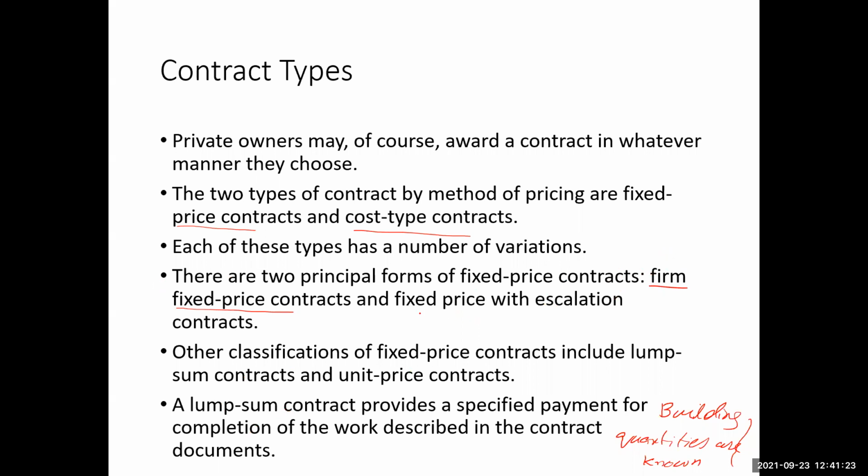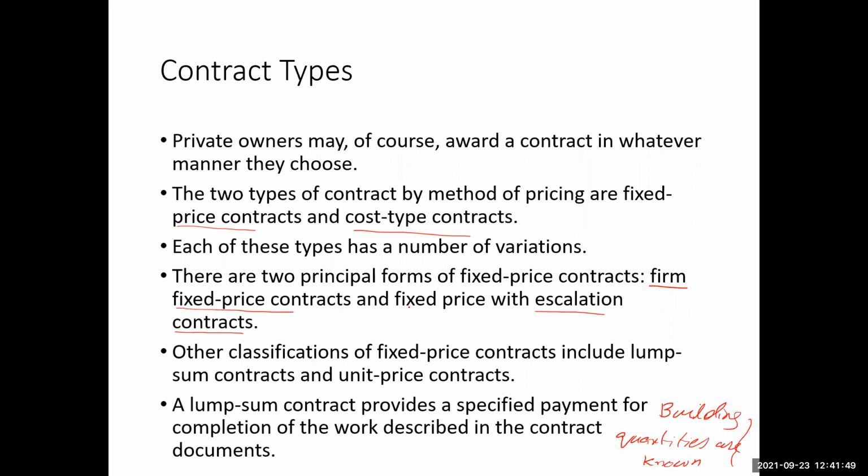But with a firm fixed price with escalation contract, there may be a possibility that the prices of the contract may be changed based on the change in the prices of the materials and services.